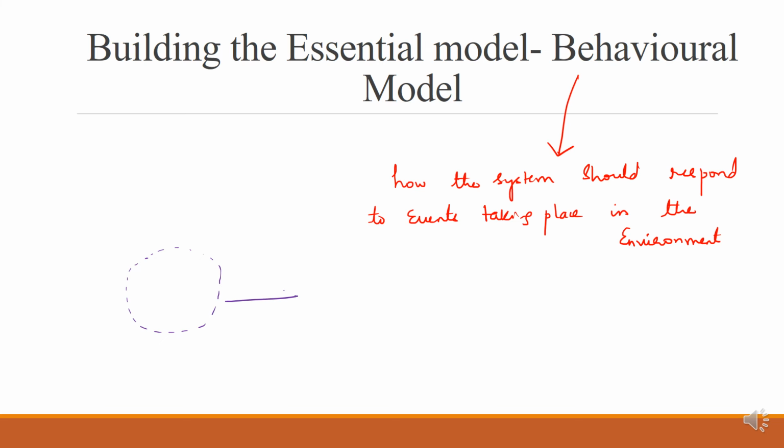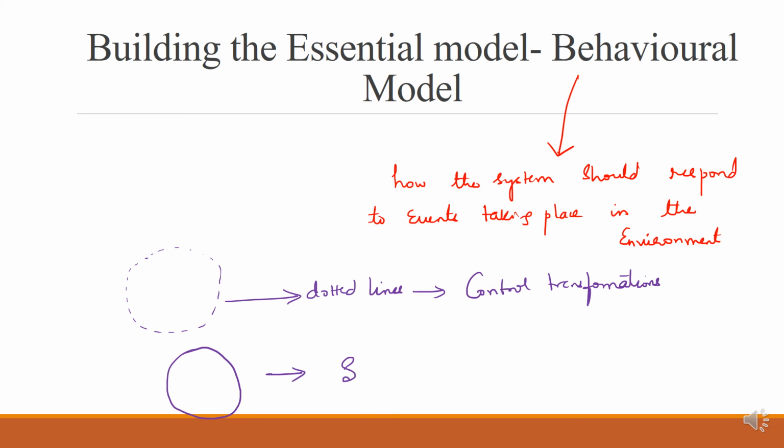The bubbles drawn with dotted lines represent control transformations, whereas the bubbles drawn using solid lines represent data transformations. With this information we can try to understand what level 1 and level 2 transformations are.